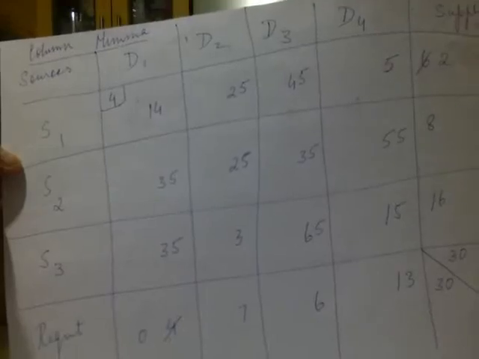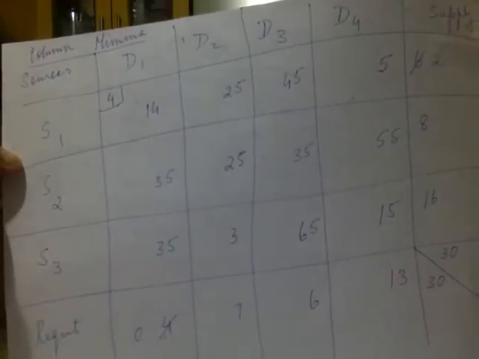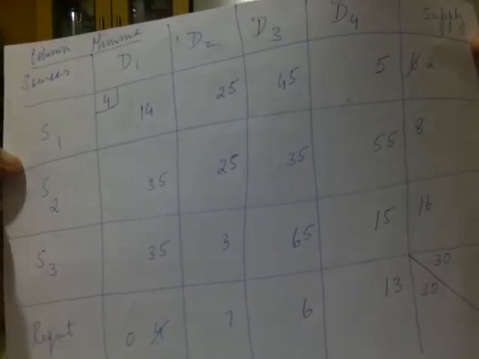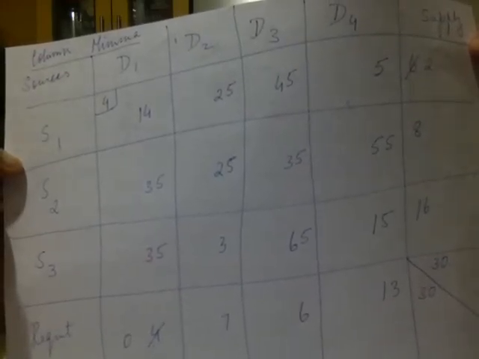D1 requirement becomes 0. So S1 supply 6 minus 4 is 2. We have D1 with no requirement, and we still have a supply of 2. But please remember, we are doing the column minima method. So we look at the second column now. We have the costs in D2, 25, 25 and 3.